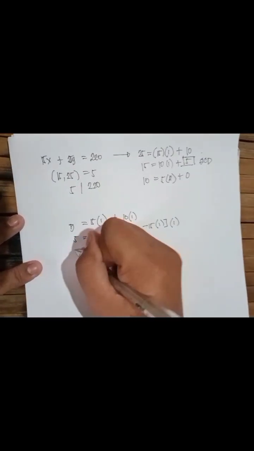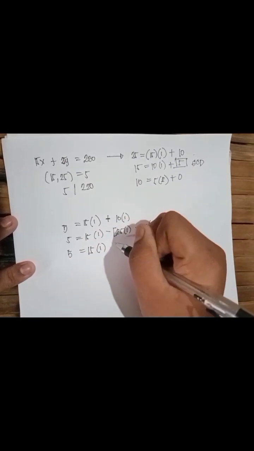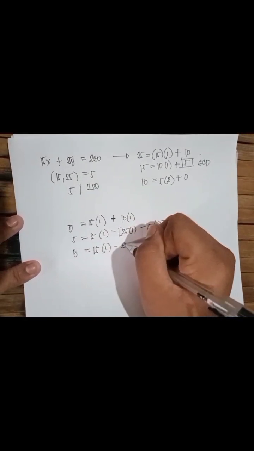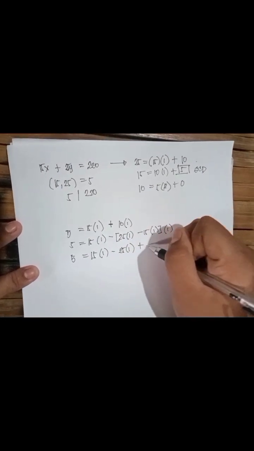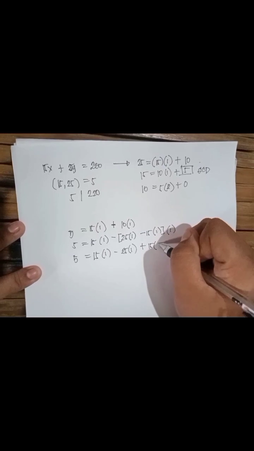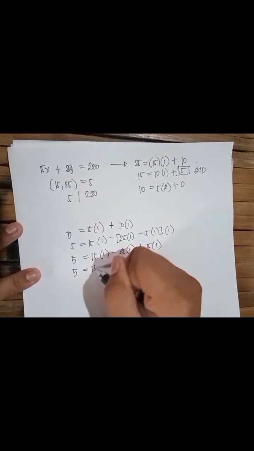Solve it: 5 is equal to 15 times 1 minus 25 times 1 plus 15 times 1.